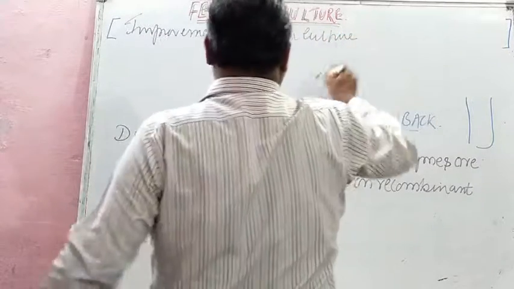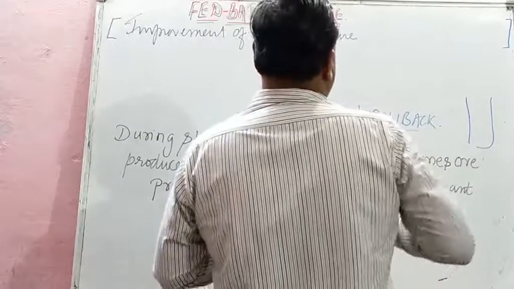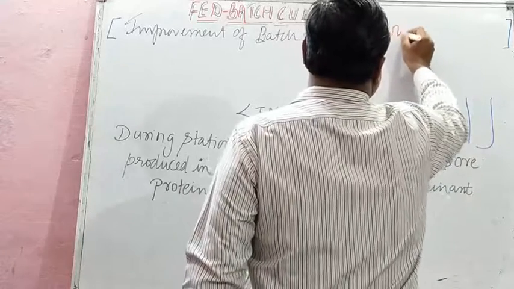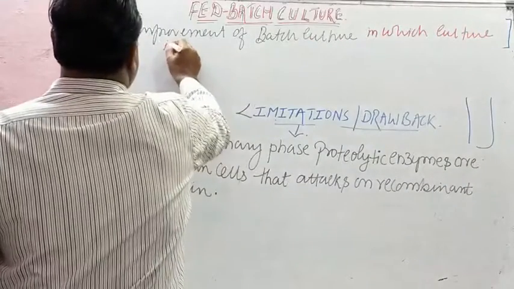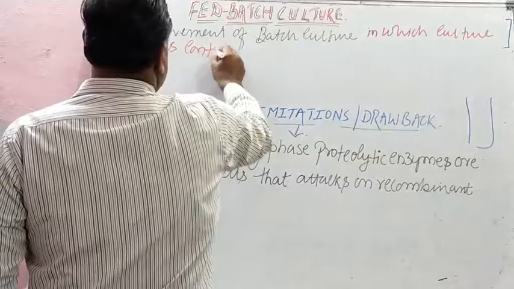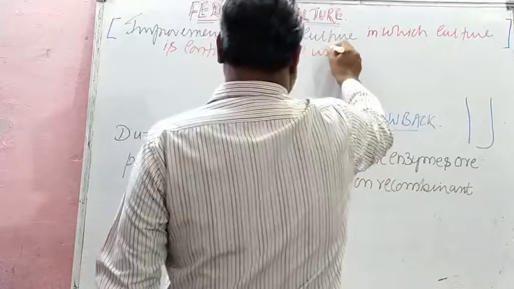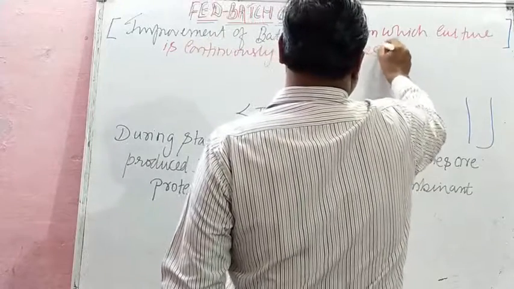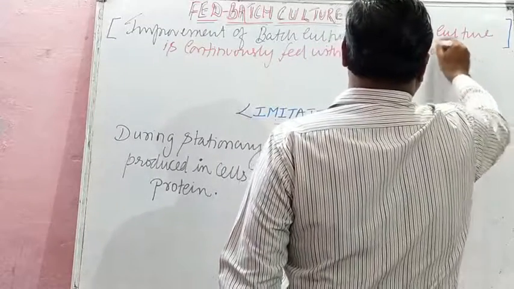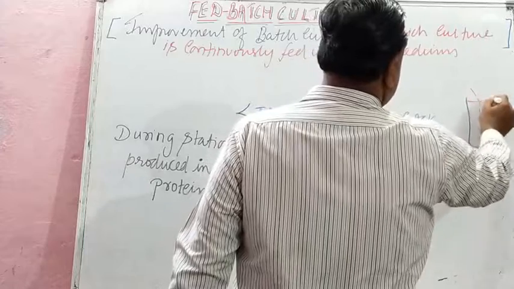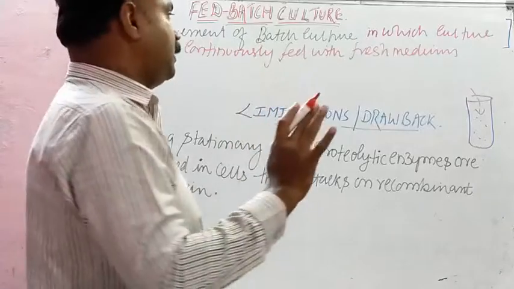in which, here I am writing the key statement now, the culture is continuously fed with the medium, fed with fresh medium without harvesting in between. It means the culture is fed with the medium, but the cell mass is not harvested in between.